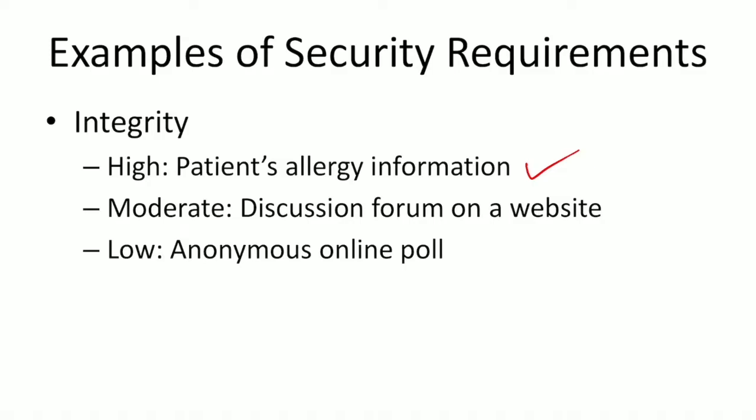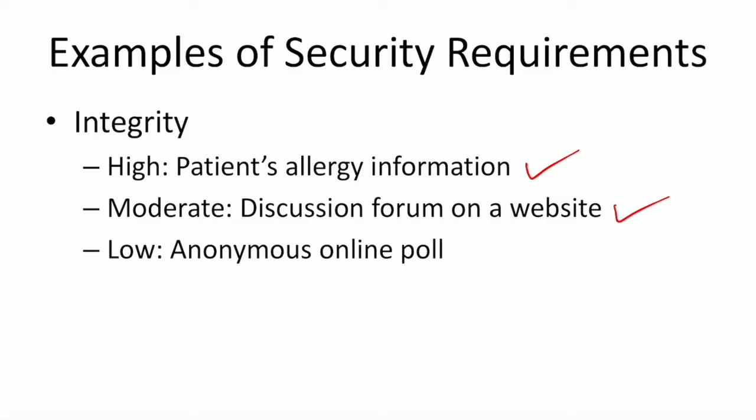An asset that may be assigned a moderate level of integrity requirement is, for example, a discussion forum on a website that offers registered users opportunities to discuss some specific topic. A registered user or hacker could falsify some information or deface the website.